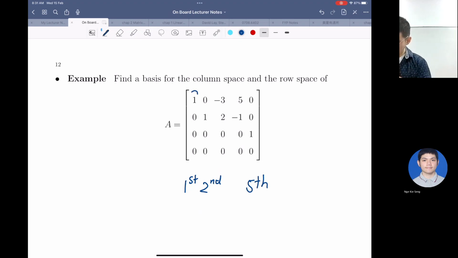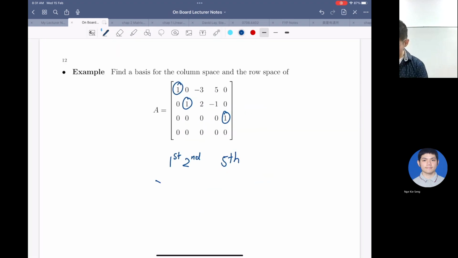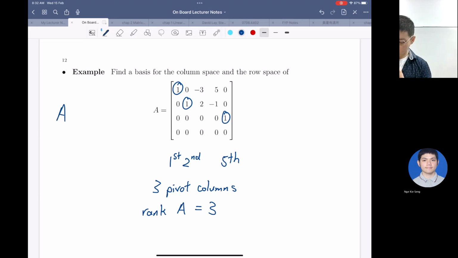So you have, sorry, three pivot columns. So your rank is equal to 3. Okay. And what's the size of A? What is the size of matrix A? 4 by 5. Good.